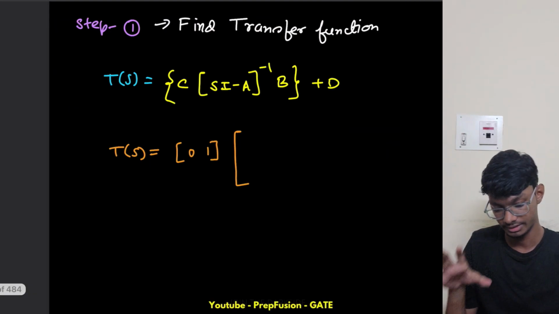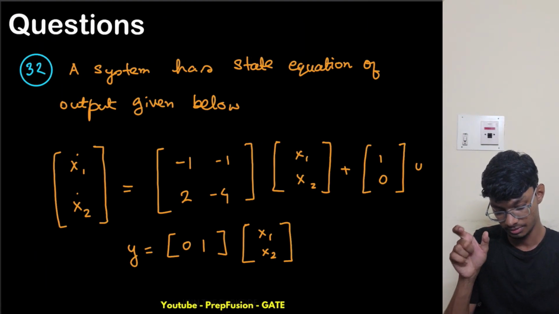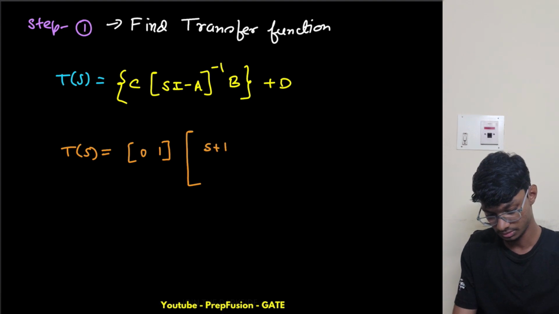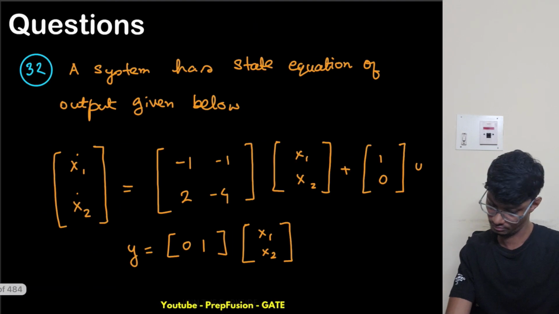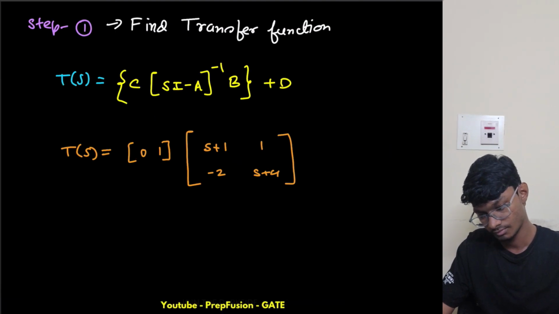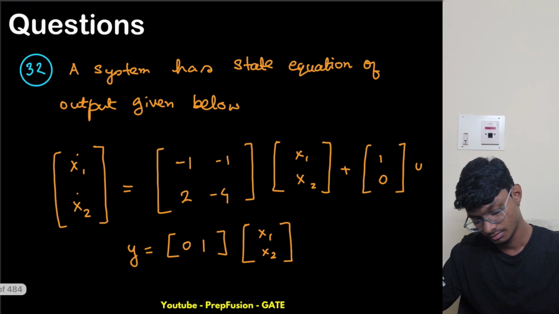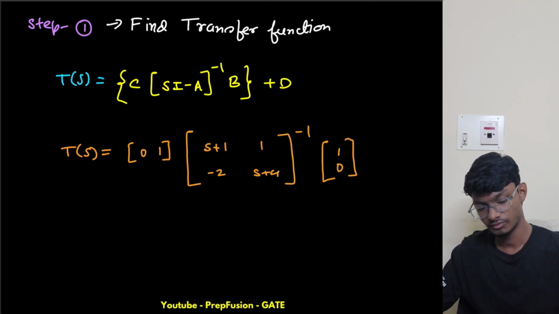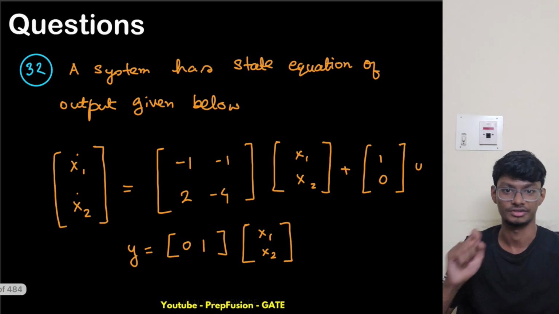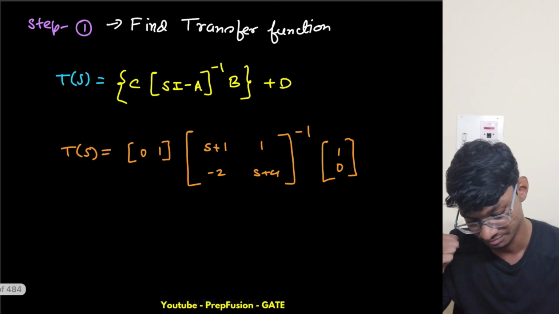First I write this: s plus 1, minus 2, s plus 1, minus 2, s plus 4, and this is whole inverse. B is simply 1 0. And we have D also. Is there a D? D is 0 in this case. So you are lucky if you forgot the D.